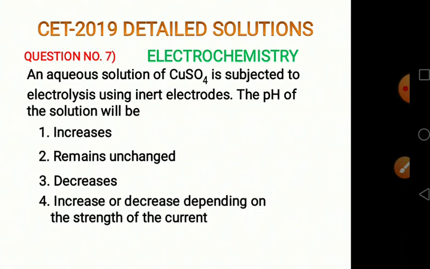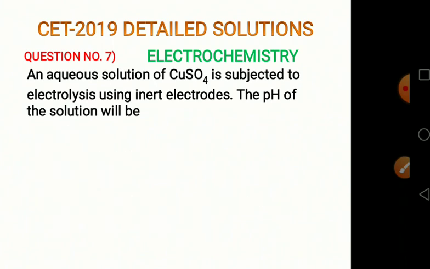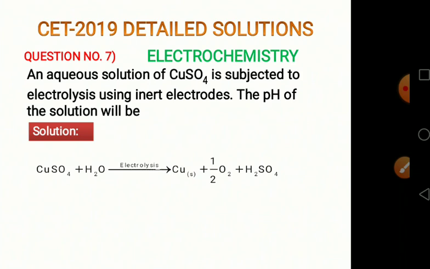Here remember, pH increasing means acidic nature is less, and decreasing means acidic nature is more. Now you will see what happens when the aqueous solution of CuSO4 undergoes electrolysis.